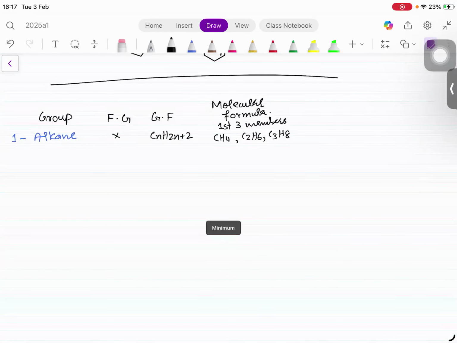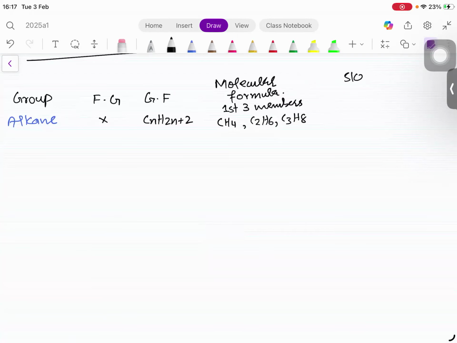And then you have to write the skeletal formula, C4 to C6, three members. Like in the case of alkane, you can write the skeletal formula for butane, pentane, and hexane. But keep in mind, one should be a branched structure.